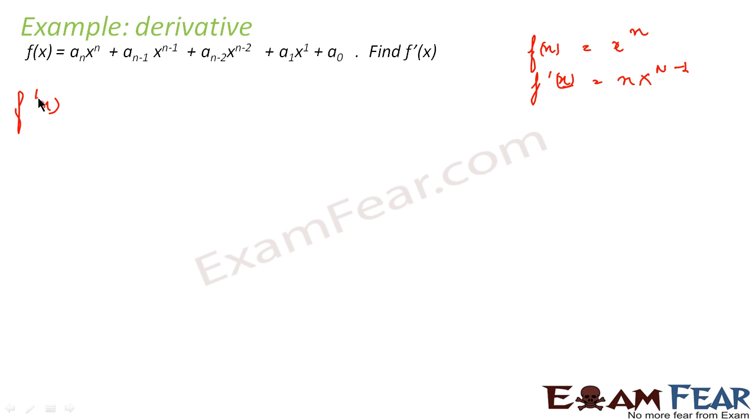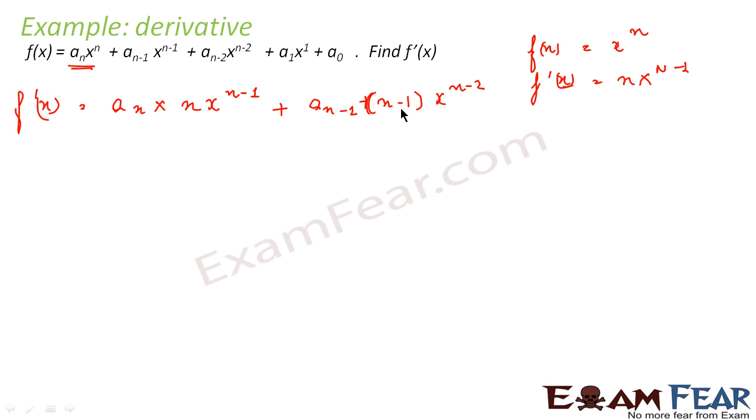So we use this. a n is nothing but a constant, so we leave this a n constant, and x to the power n will become n into x to the power n minus 1. This is the first part. Now the second part: a n minus 1 is a constant, so we can leave this, plus this x to the power n minus 1 will become n minus 1 into x to the power n minus 2, because here n is equal to n minus 1.